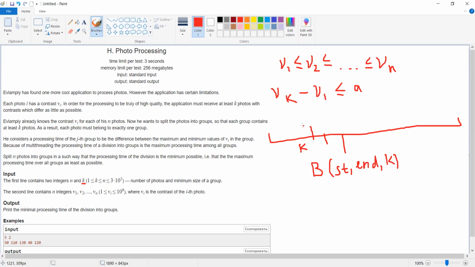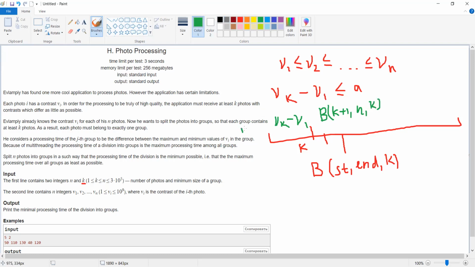So what do we do? For example, if we split our array at k, then we have vk minus v1, or b starting from k plus 1 and with k.